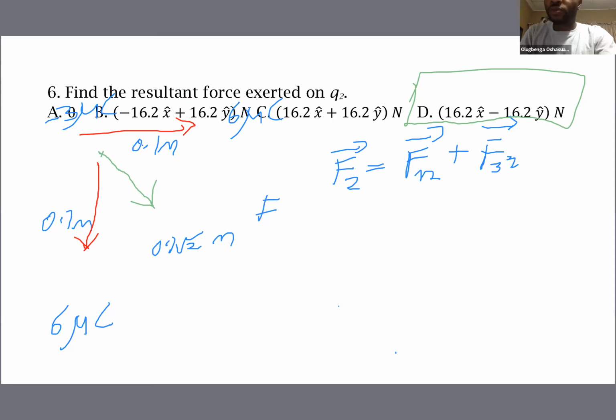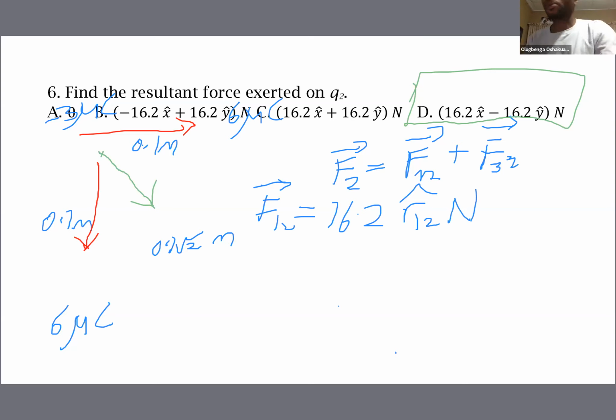Our F12 will be equal to 16.2 R12 caret newtons.